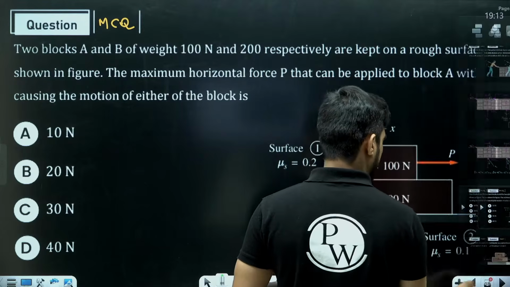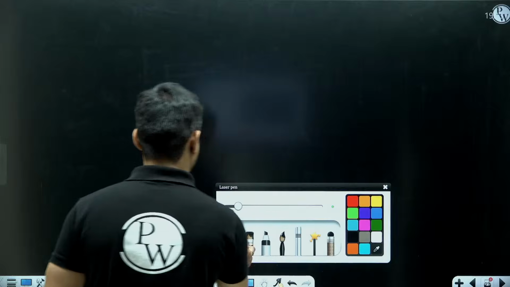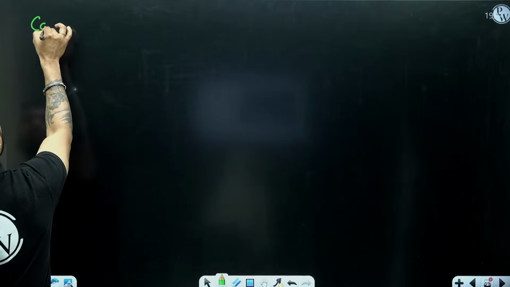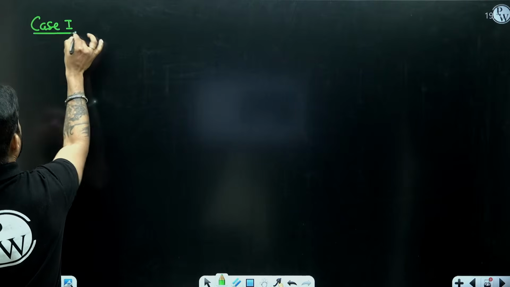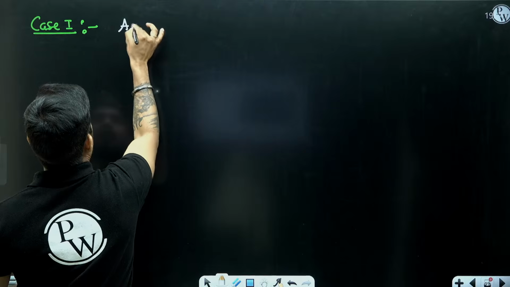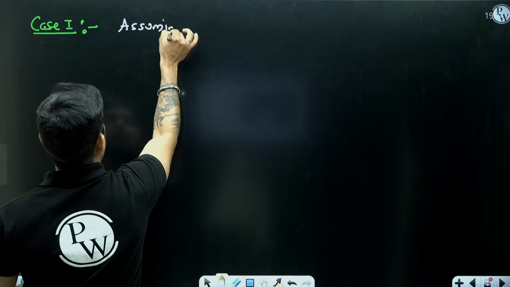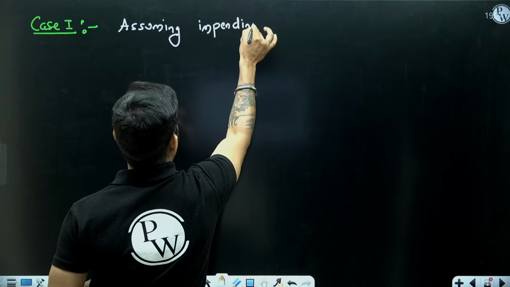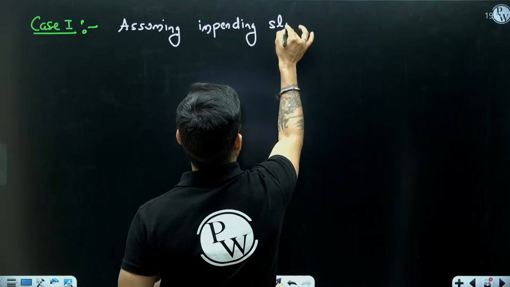Case number 1, assuming impending sliding on surface 1. Impending sliding means what, sir?